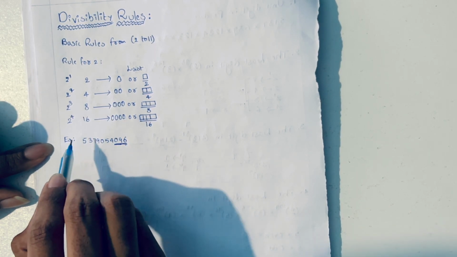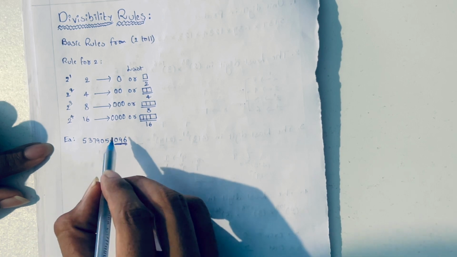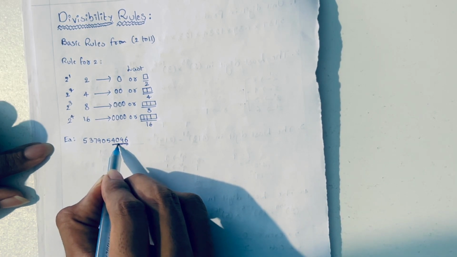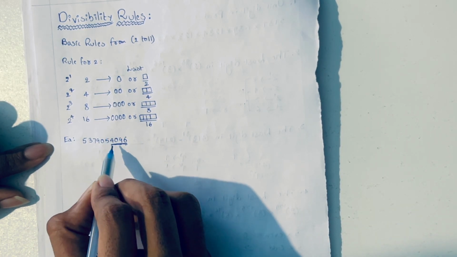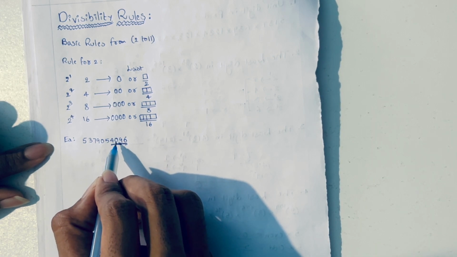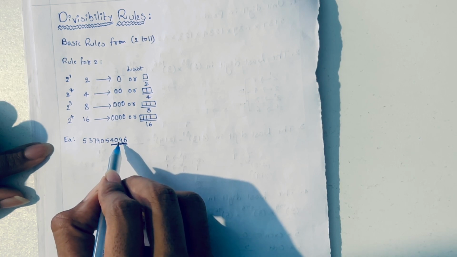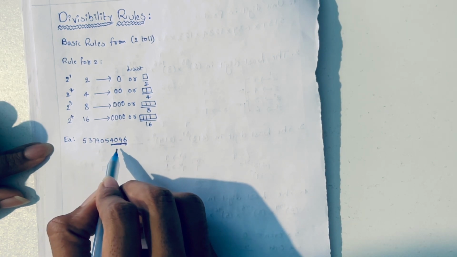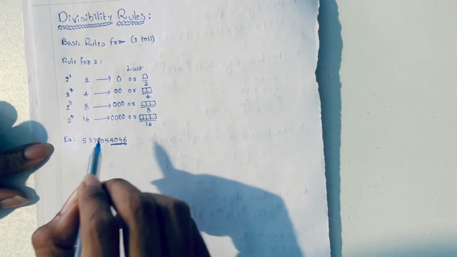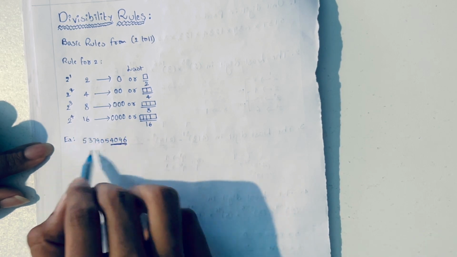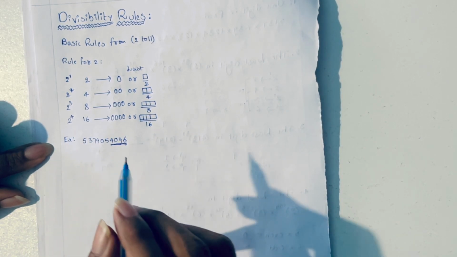In the same way, if the number is divisible by 16, that means the last 4 digits are divisible by 16. 16 2s are 32, and the 8 is remaining, and 16 5s are 80, and 16 6s are 96. In that way, the whole number is divisible by 16.